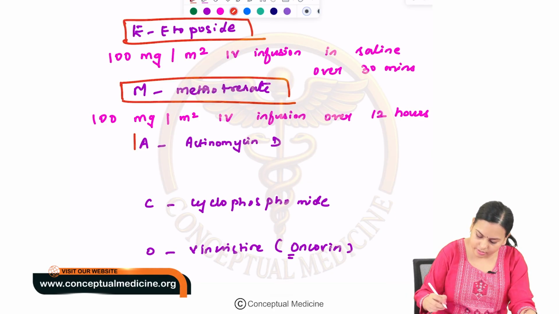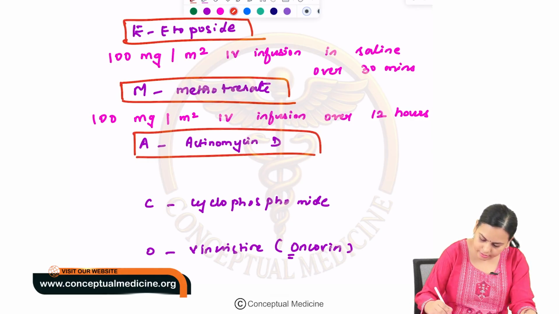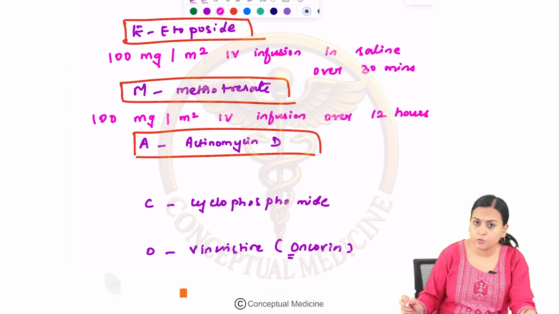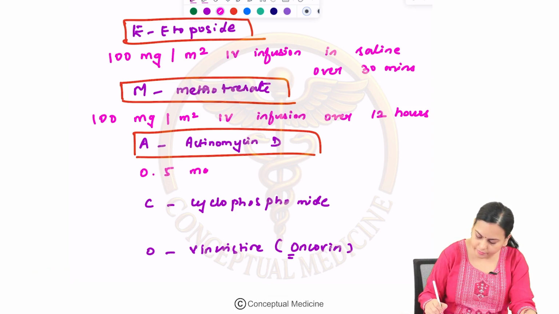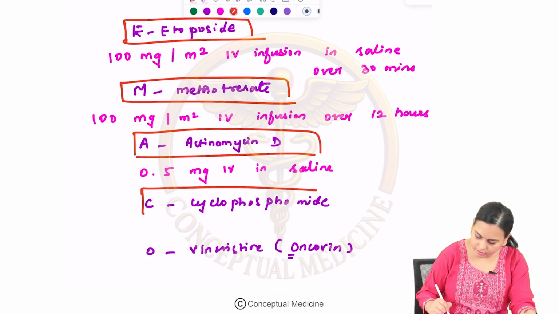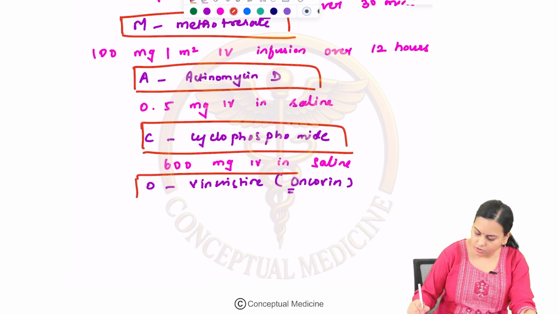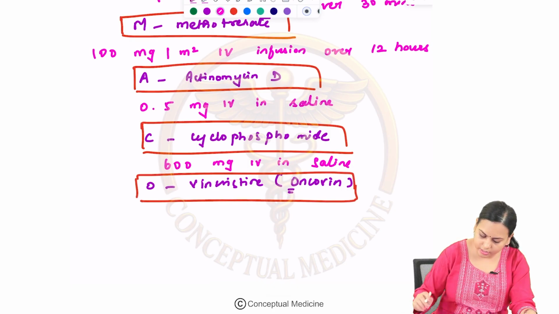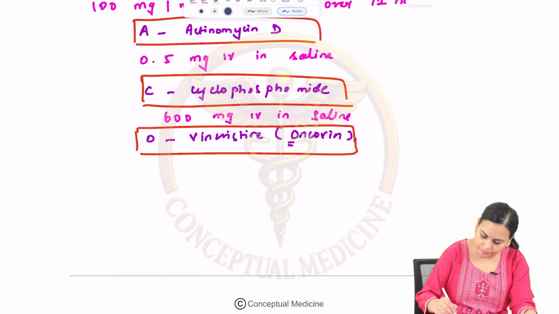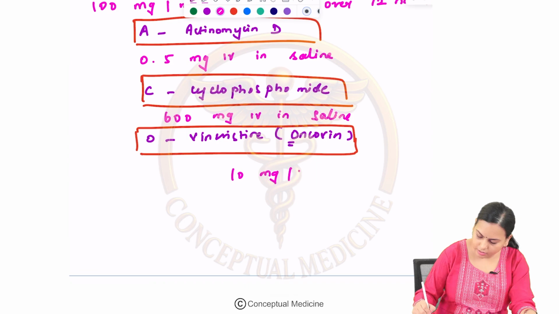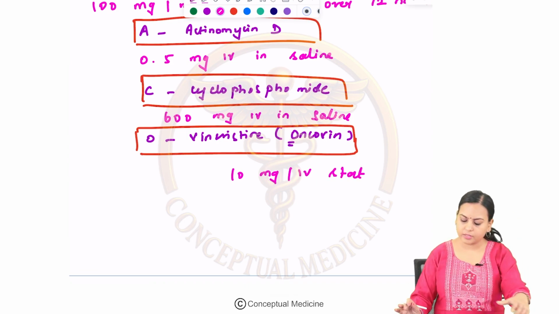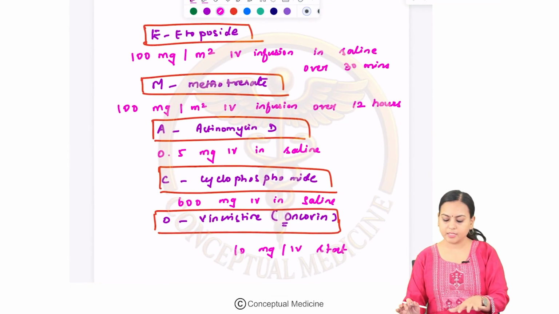The next drug is actinomycin D, given at a dose of 0.5 milligram IV in saline. The next drug is cyclophosphamide, given at a dose of 600 milligram IV in saline. And the last drug is vincristine or Oncovin, which is given at a dose of 10 milligram IV as a stat dose.